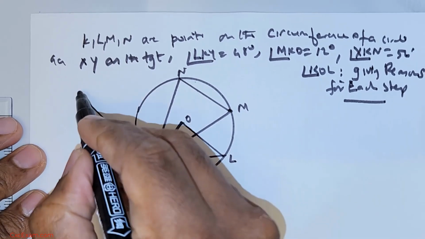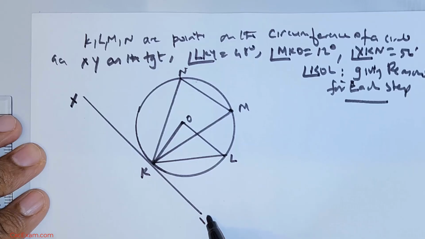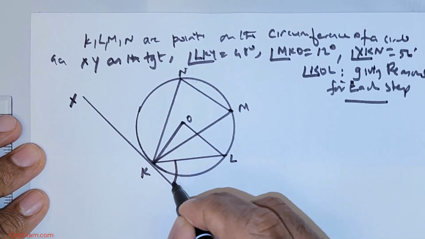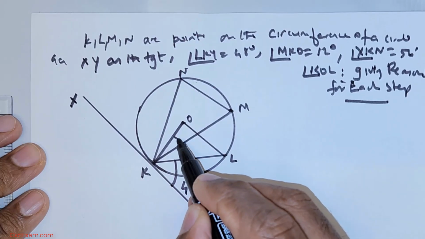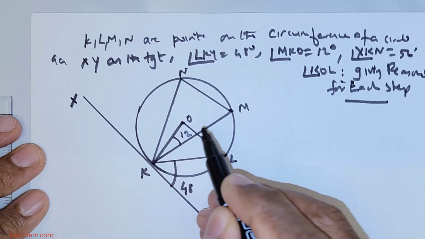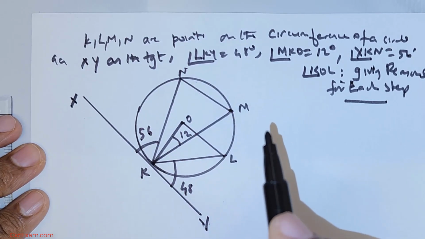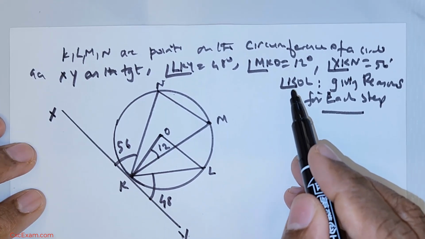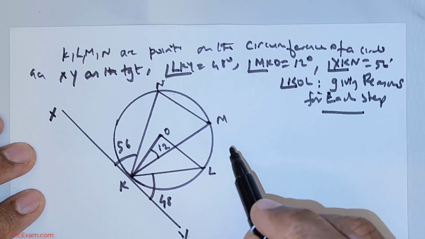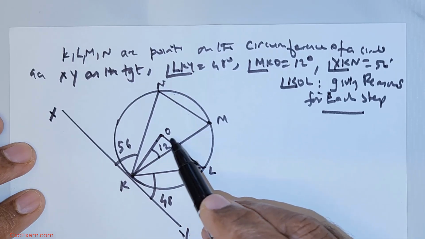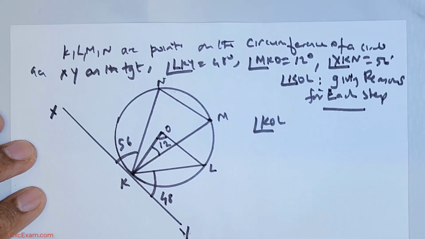Okay, so it's a beautiful figure. X, K, Y. Now this angle is 48. This angle is 12. This angle is 56. They want to find KOL. So they want us to get this angle, KOL.